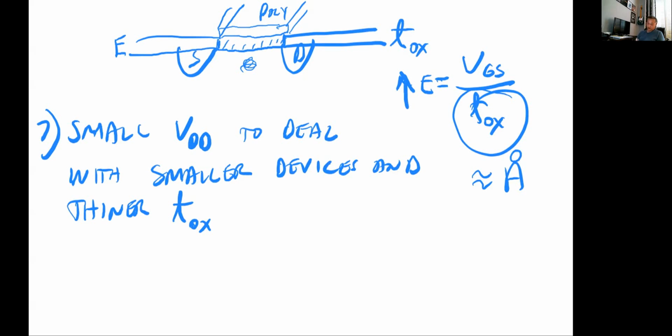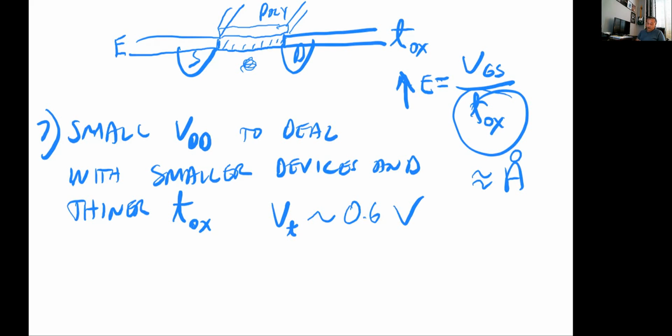So our threshold voltage is going to hover around 0.6 volts. And that's a function of the material. That is a function of the work function, the quantum mechanics of the material. There's nothing we can do about that.